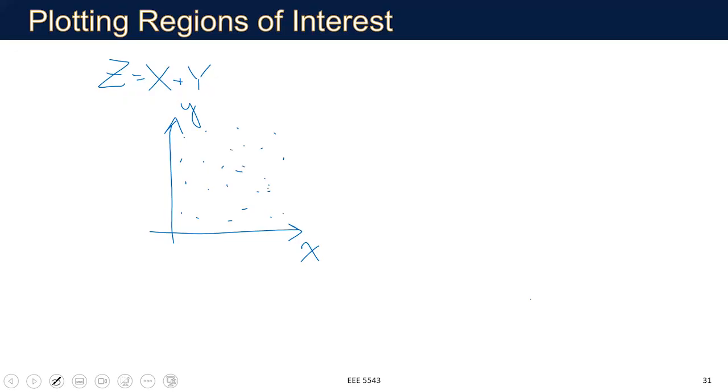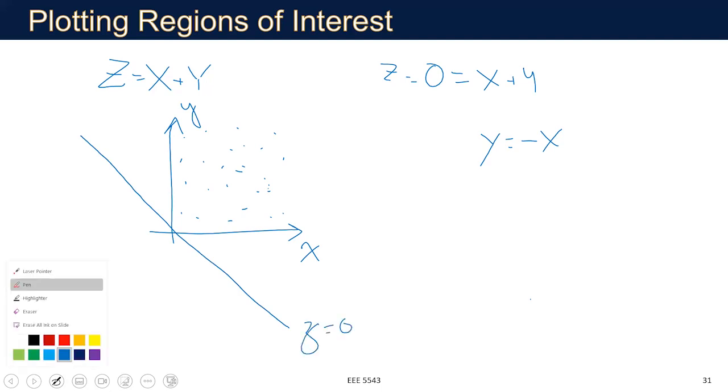Now we want to know which direction is z. So let's imagine z equals 0. In this case, this is x plus y. So what does x plus y look like? x plus y equals 0. Well, this is going to be y equals negative x. And that will be this line here. So this, we then would label it, this is z equals 0.